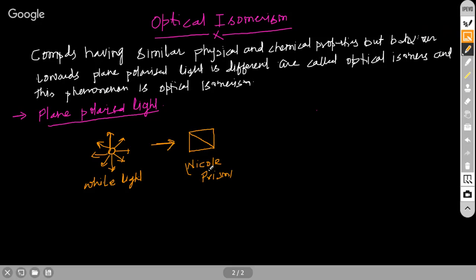Now, when this light passes through the Nicol prism, we can say the light is polarized in one direction, which is not exactly true. Why? I'll tell you. But when the light passes through, we get light which is parallel to each other, or all the lights are in one plane.